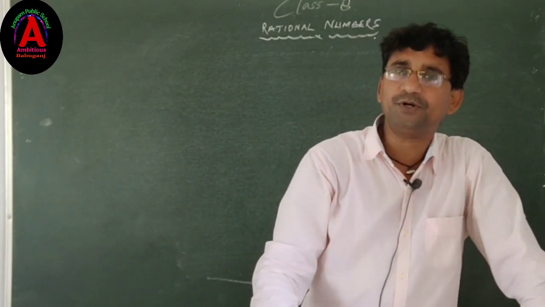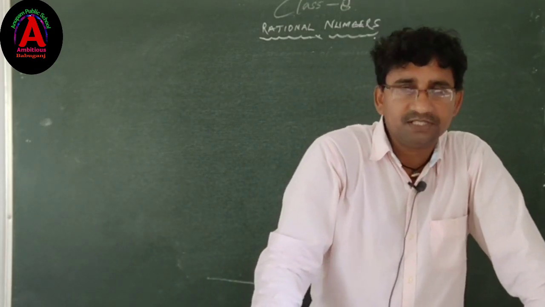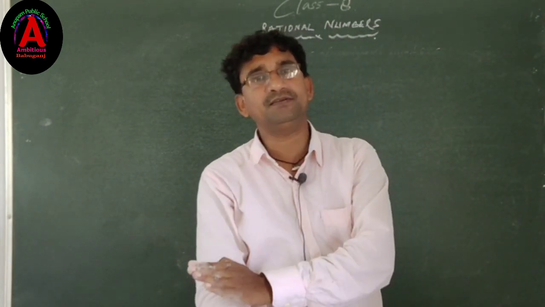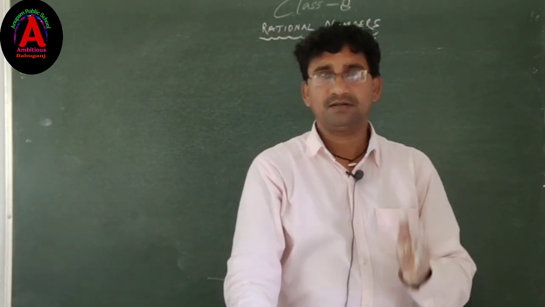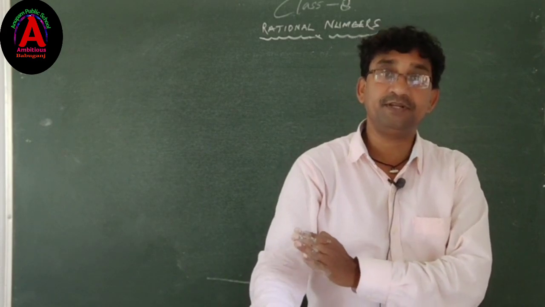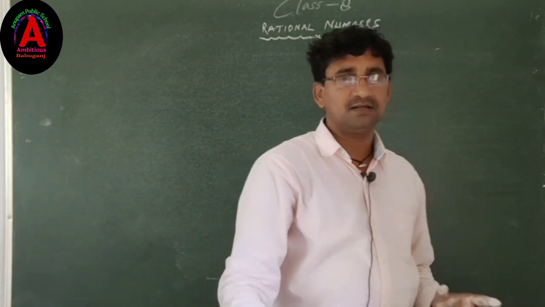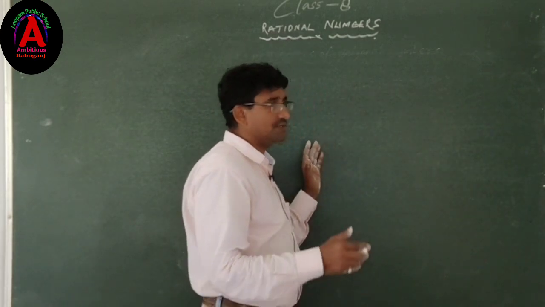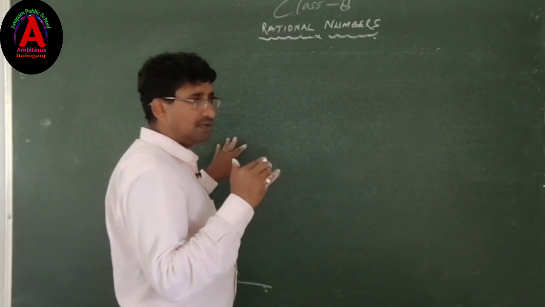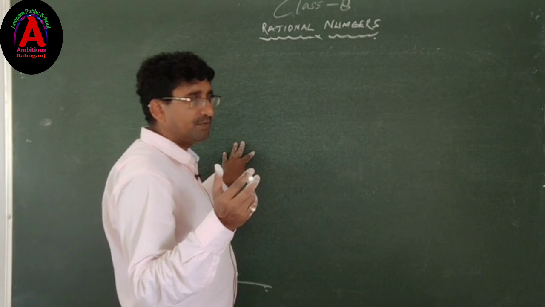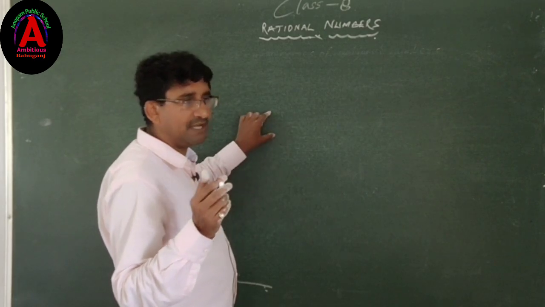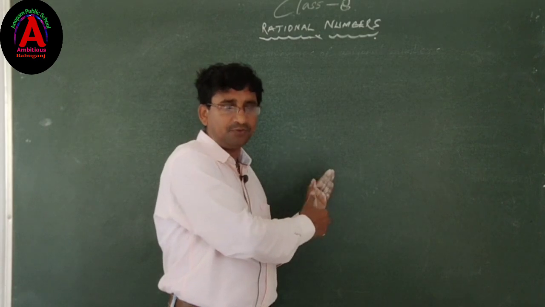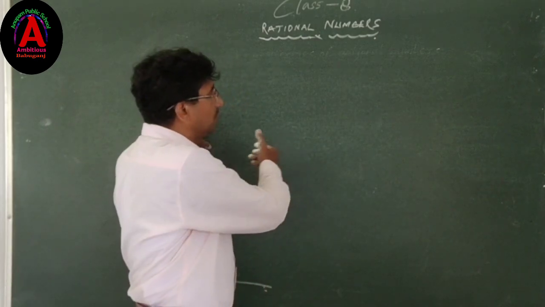The second property is, if the rational number is A by B and M is a common divisor, then dividing gives the standard form, which I told you.